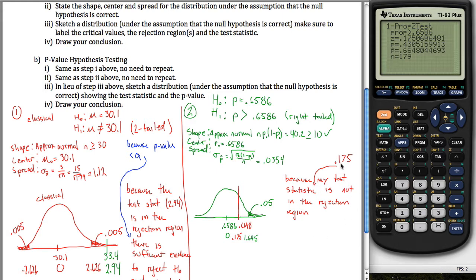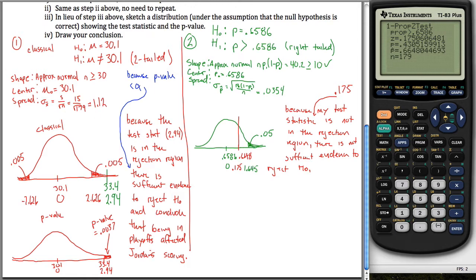Because my test statistic of 0.175 is not in the rejection region, there is not sufficient evidence to reject the null hypothesis. There's not enough evidence to reject the null hypothesis. I'm not saying the null hypothesis is right. I'm just saying there's not enough evidence to prove that it's wrong.